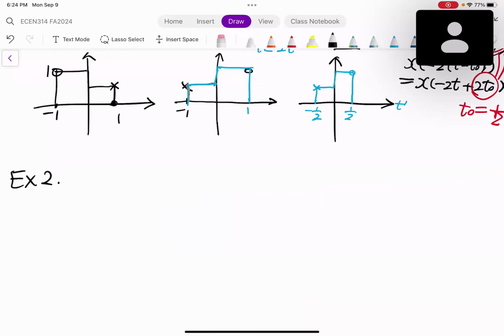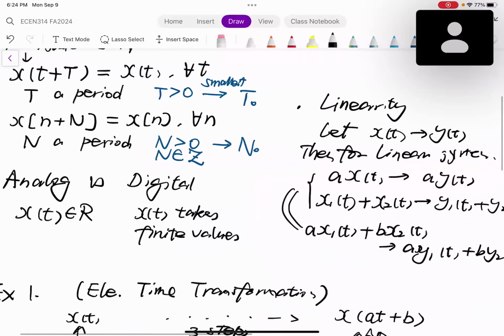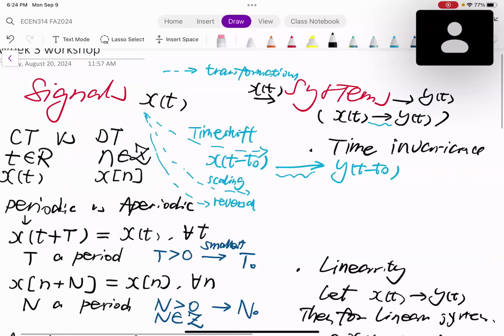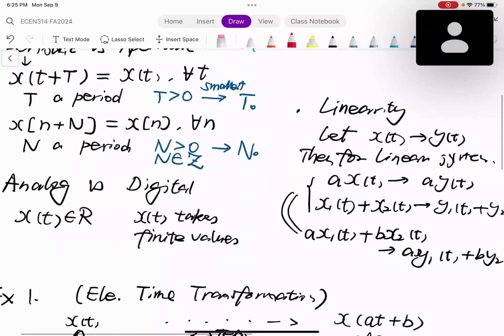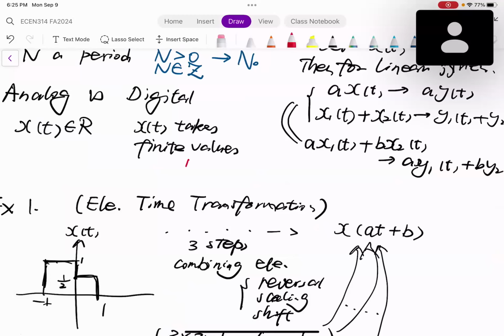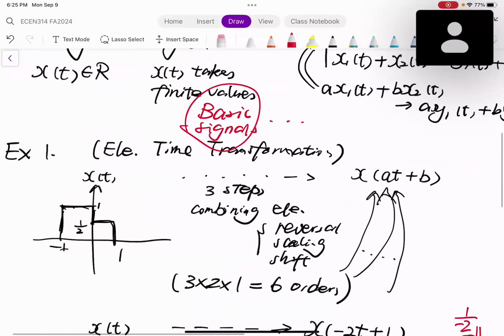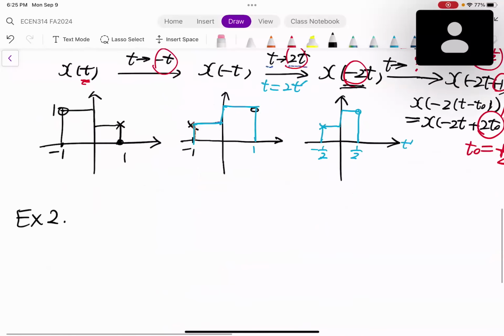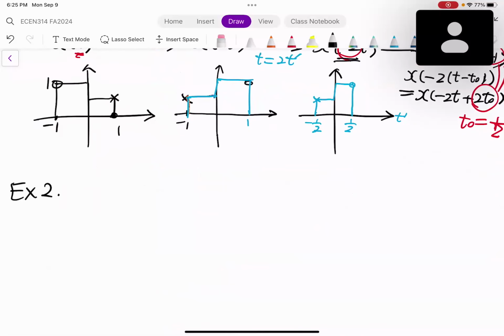It's about periodicity. Let's look at a few basic signals, because what else was learned here are basic signals. So that's exactly asking you about the basic signals.